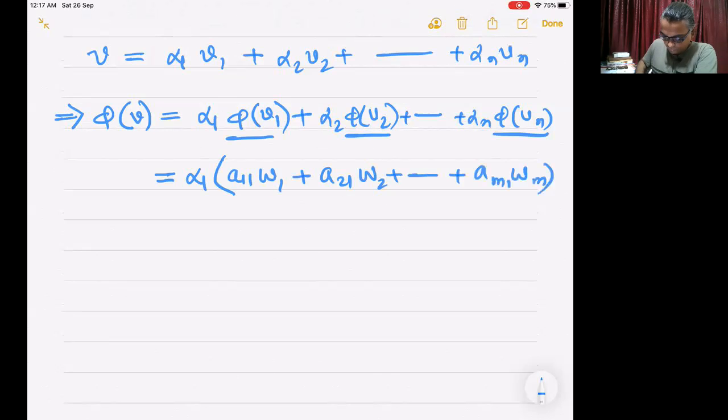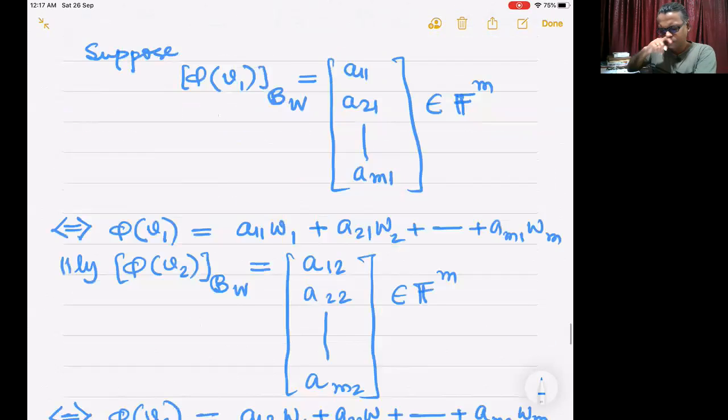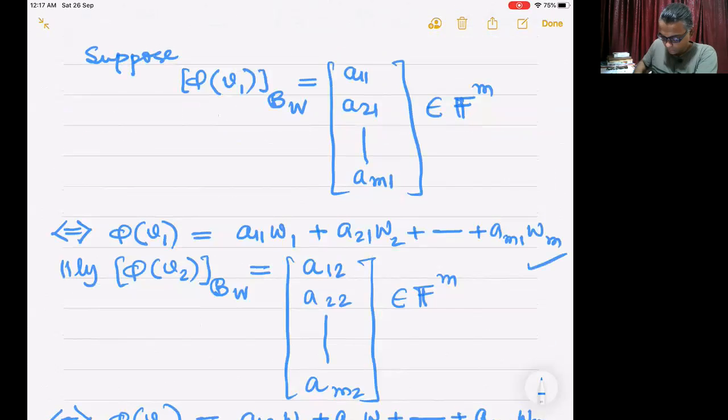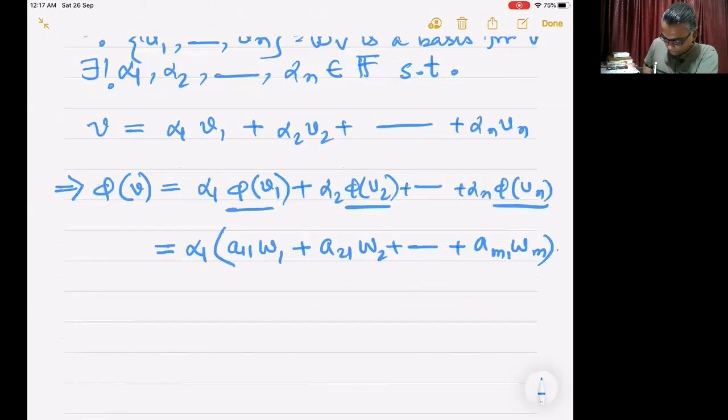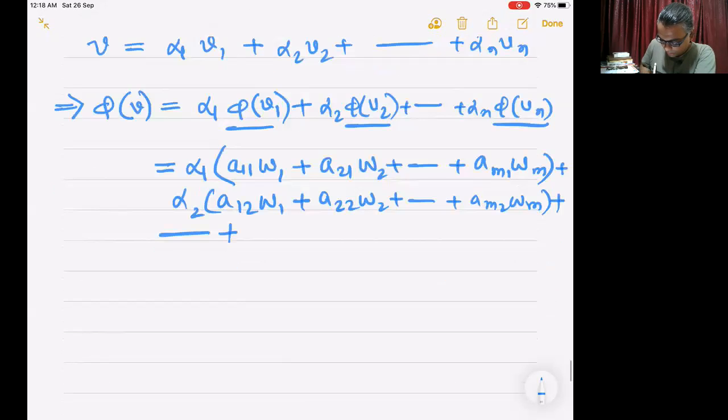Following this, similarly, plus we'll have alpha 2 times A12 W1 plus A22 W2 plus dot dot dot Am2 Wm. This continues, plus alpha n times A1n W1 plus A2n W2 plus dot dot dot Amn Wm.